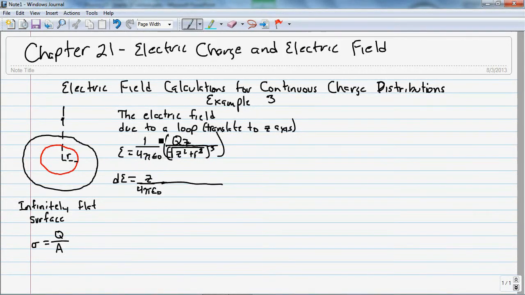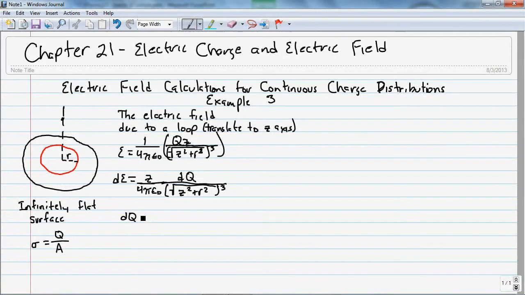And I'm going to have dq over the square root of z squared plus r squared, cubed.